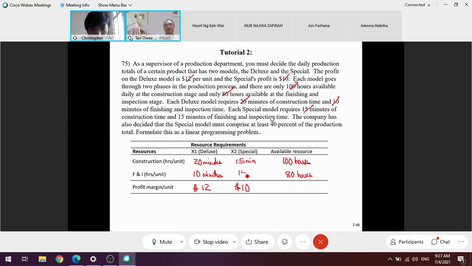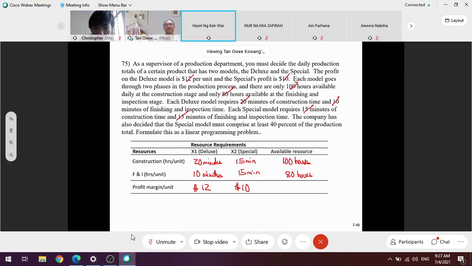Hazel, is there any number that is not yet cancelled? The 40%. Oh, 40. So what is this 40, Hazel? This 40 means the special model needs to produce at least 40%. Okay, this one we call a policy constraint.